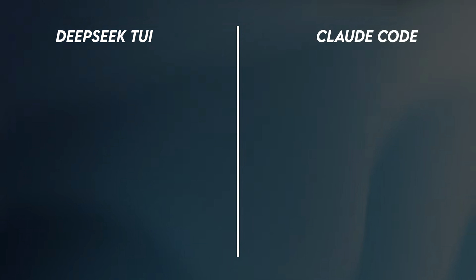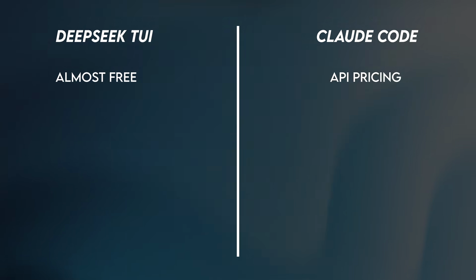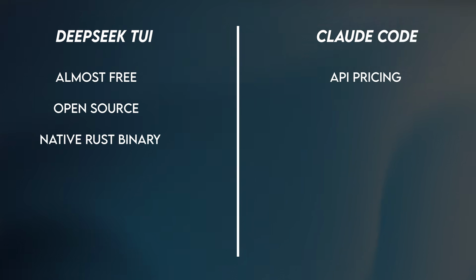Let's be honest about how this stacks up against Claude Code. DeepSeek TUI is very low cost or free via NVIDIA NIM. Claude Code uses Anthropic API pricing. DeepSeek TUI is fully open source. DeepSeek TUI is a native Rust binary. Claude Code runs on Node.js. Both support MCP. DeepSeek TUI is self-hostable.